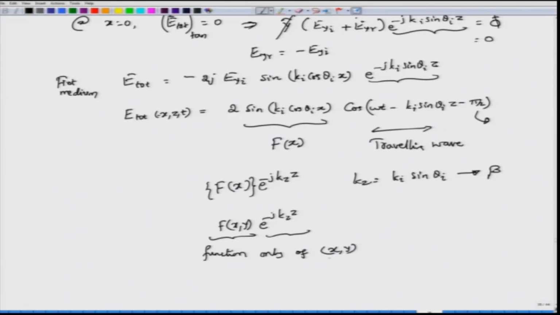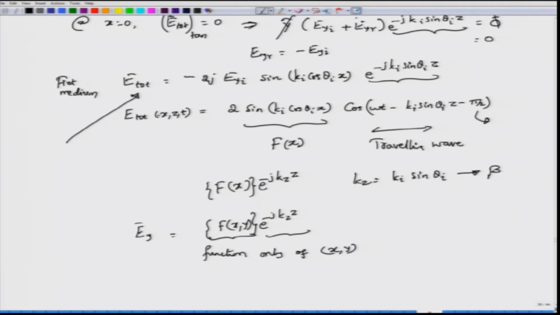It is the coordinates transverse to the direction of propagation, right. So, I can write down my electric field in general, whenever I am considering this type of problem, as a product of two functions. One is a function only of the transverse coordinates x and y, and the other corresponds to the travelling wave part.